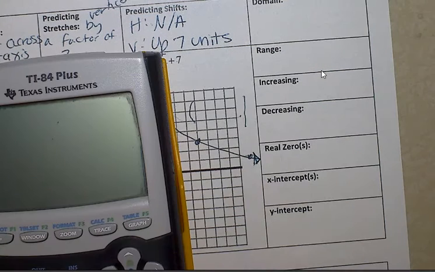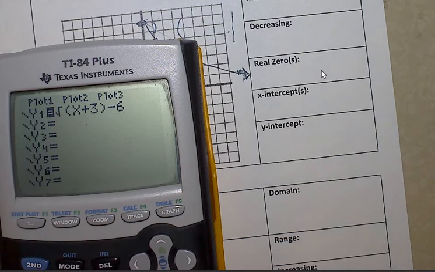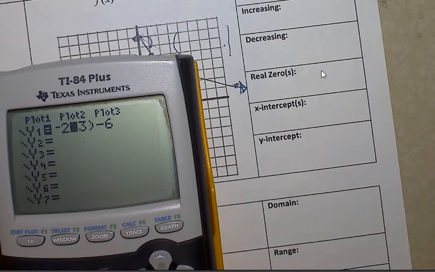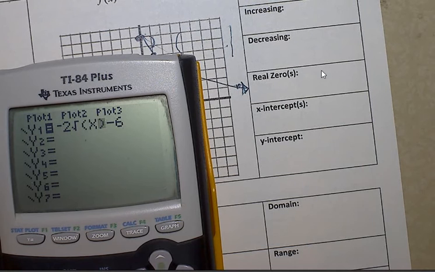Grab your graphing calculator, go up to your y equals. The negative sign is going to be below the 3, -2, square root of x, make sure to put a parenthesis after the x, and then plus 7.